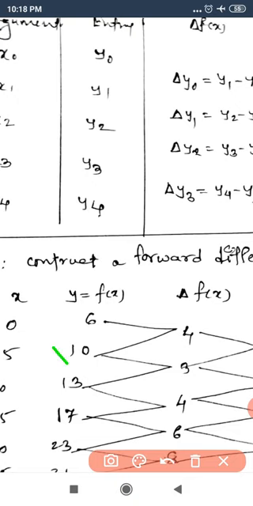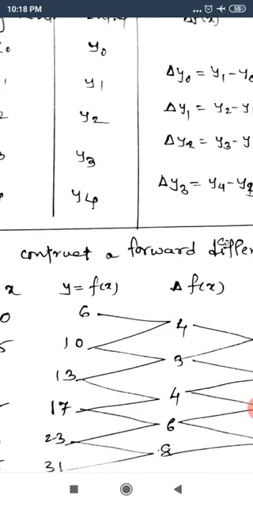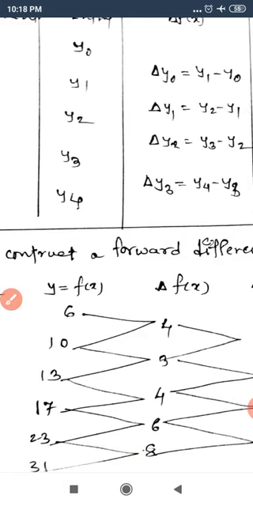Then 13 minus 10, which is 3. 17 minus 13, which is 4. 23 minus 17, which is 6. Also 31 minus 23, which is equal to 8.